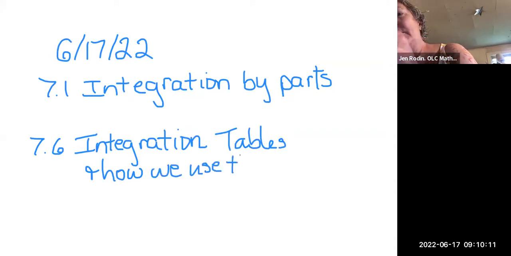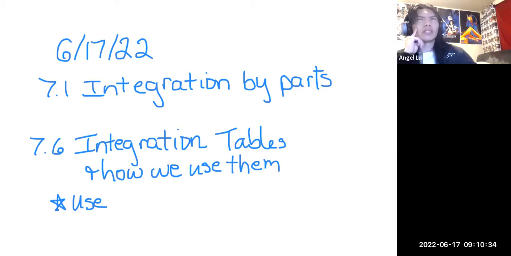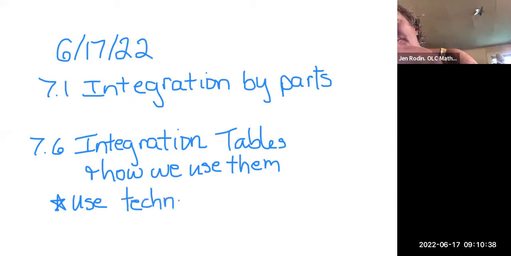But we also, like I've been saying, use technology. If you have some kind of app or a calculator that can do complicated integrations, start practicing with that too, because they get to a point where they're just out of hand to do by hand. Do you have an example of what kind of tech has that?